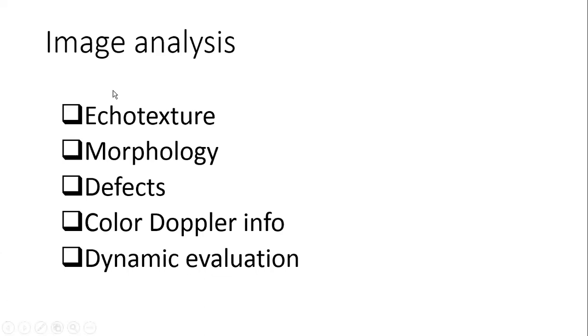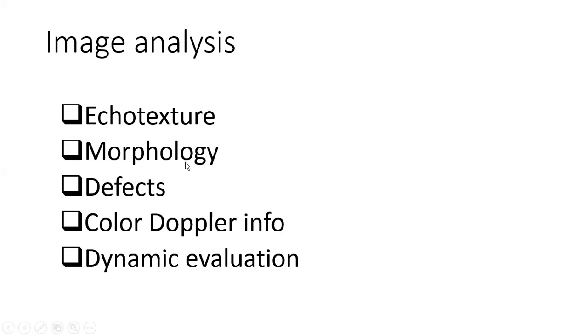So this is what we're looking at. Whenever you look at an image, these are the things we are noting. When you report, when you write an impression or finding, you talk about the signal. Is it hypo or hyper? You say whether the tendon is larger or thinner, thicker or thinner, whichever structure you're evaluating or examining.